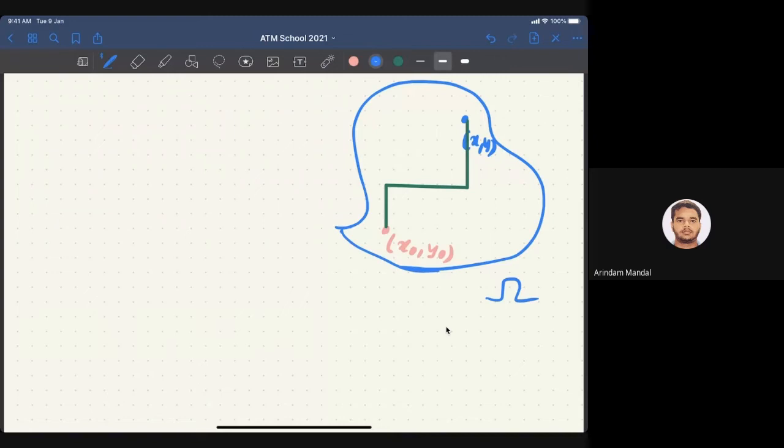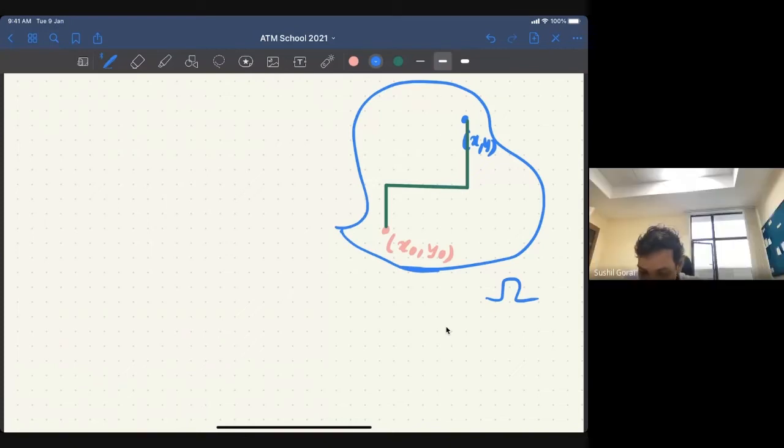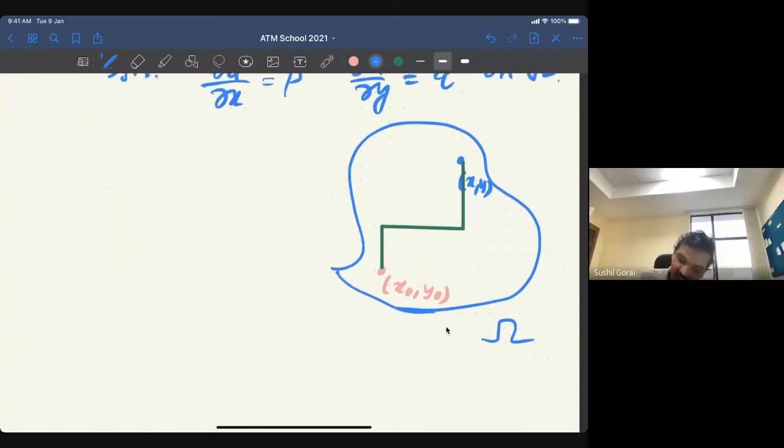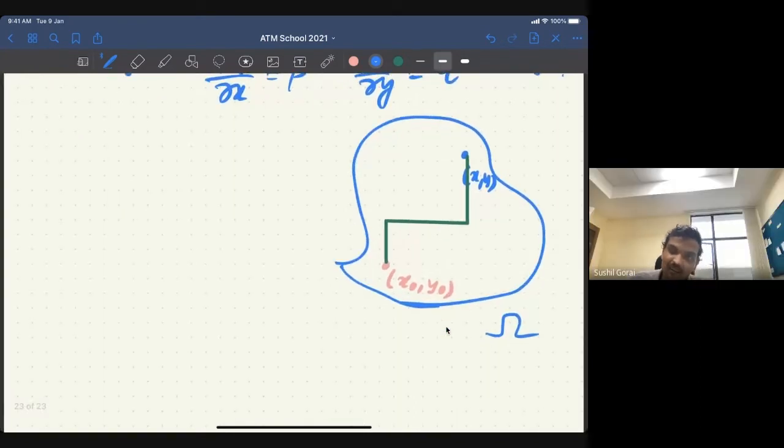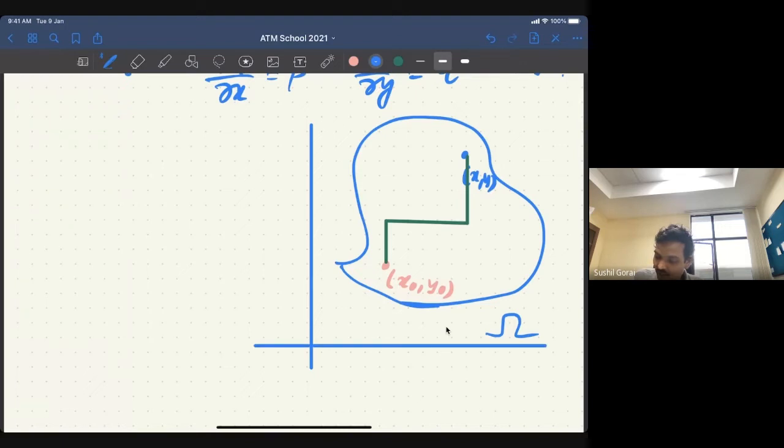But sir, you said omega is open, so path connectedness is there. If not this kind of picture, we can still connect it by some polygonal paths. Right. But what other property do we need? Each of the line segments should be parallel to an axis. So if omega is something like this, with these as the axes x and y, these segments of the curve should be parallel to the axes.